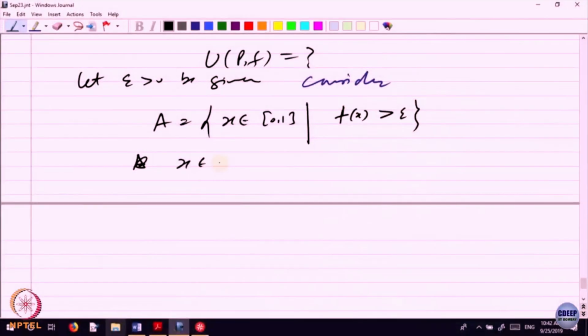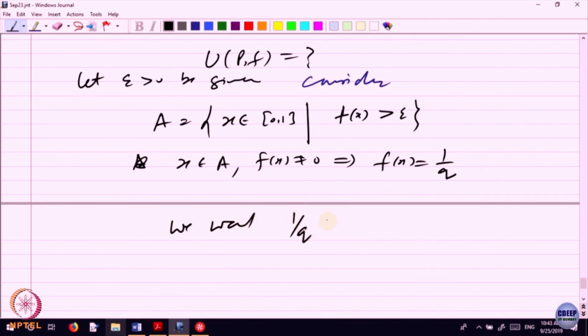So x belonging to A, f of x not equal to 0, implies f of x is equal to 1 over q. So we want 1 over q bigger than epsilon, that is q is bigger than 1 over epsilon.